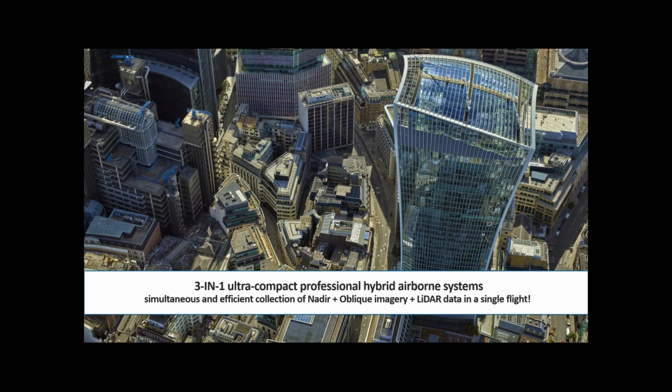And LiDAR is a very powerful laser rangefinder. So it shoots lots of little lasers at buildings and the ground, and it bounces back and helps create a model that way. The oblique imagery is great for getting side views of buildings to really see how many stories, what type of structures there are. And the nadir makes a really great mapping product. So again, three systems all in one to get us the best data possible to use.